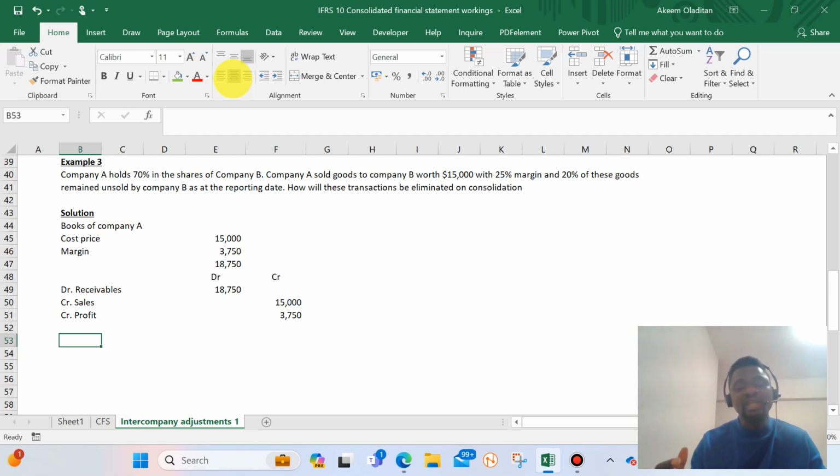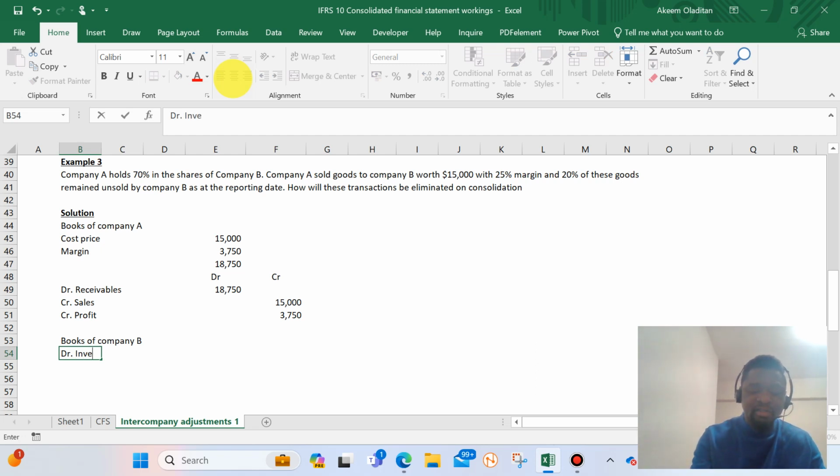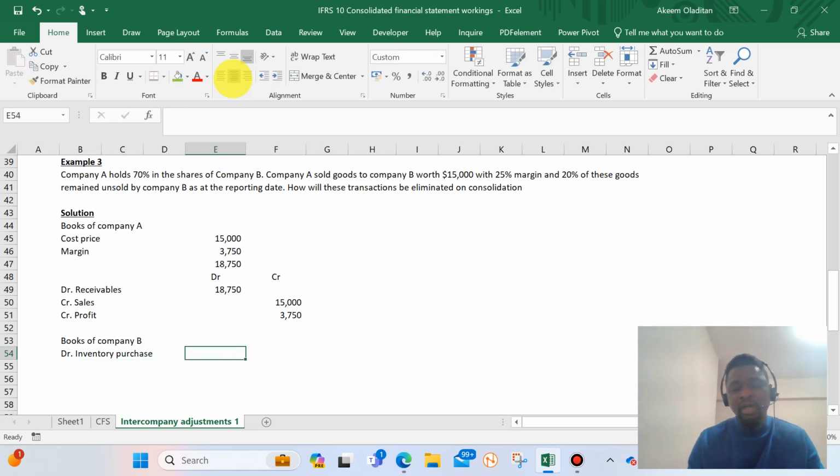So that inventory in and out is both 15,000, and that's why we are not so much concerned about the inventory of Company A. But let's go to Company B, books of Company B. In Company B's books, when Company B buys the item, it will debit inventory purchase for how much?